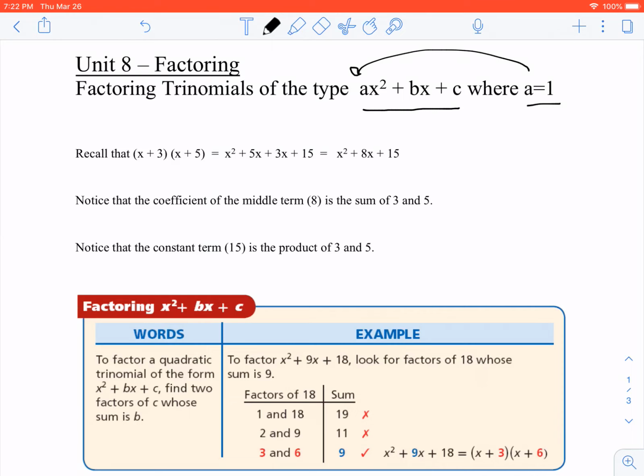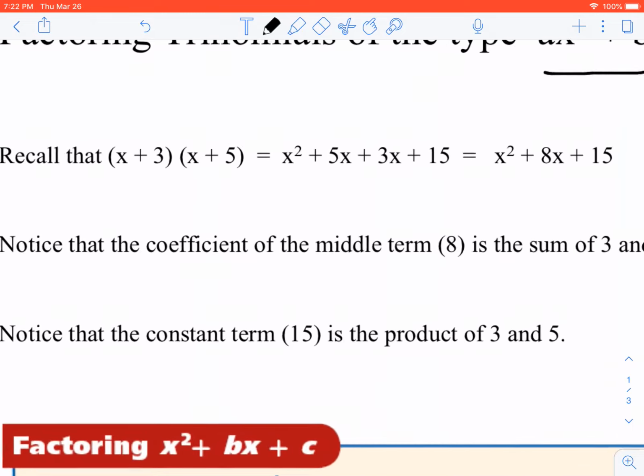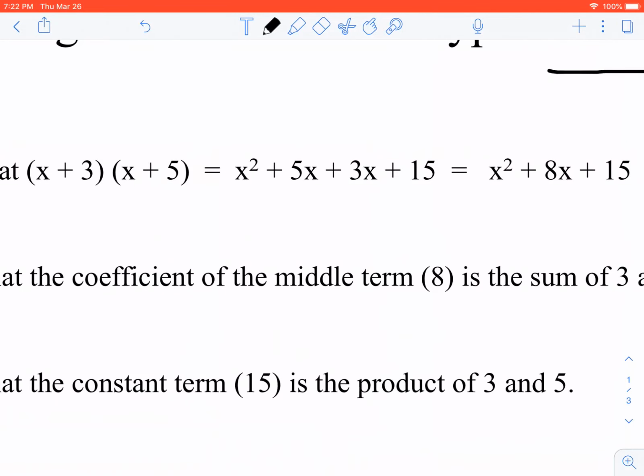Okay? Now, you recently took a test and learned how to multiply two binomials. So I'm going to blow this up a little bit here, and we're going to work on this section right here. On our last test, we took x, multiplied it by x, and that's where we got the x squared. We took x and multiplied by 5, and that's where we got the 5x. Then we took 3 and multiplied by x, and that's where we got the 3x.